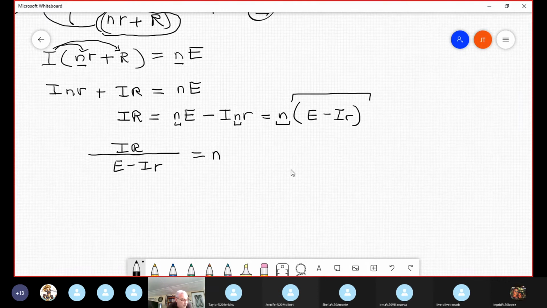Look, the expression B. The expression B is negative IR divided by IR minus E, no?